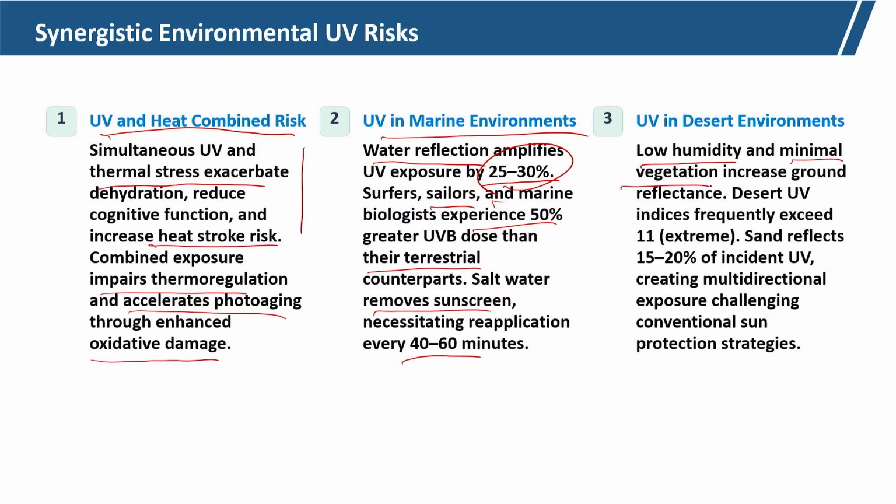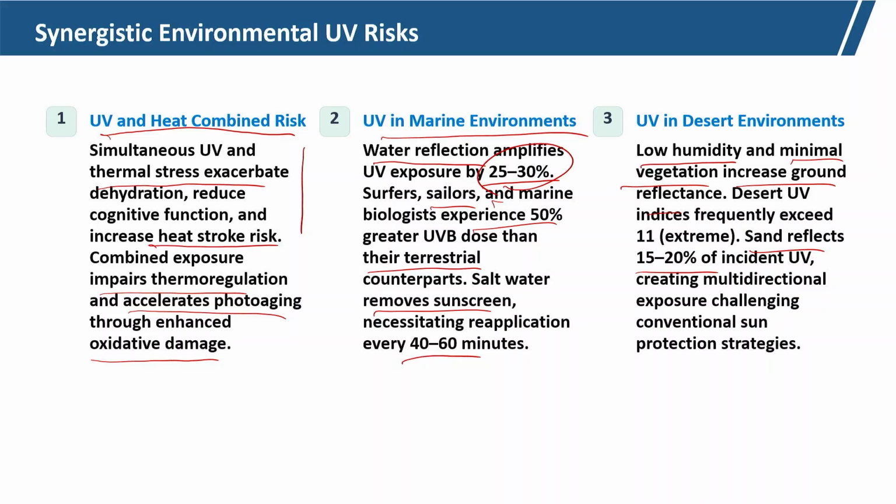If there is a plantation, that will also absorb the UV ray, but in desert conditions humidity is low and vegetation is minimal, which increases the ground reflection. From the sand the UV ray gets reflected easily, and sand reflects 15 to 20% of incident UV.